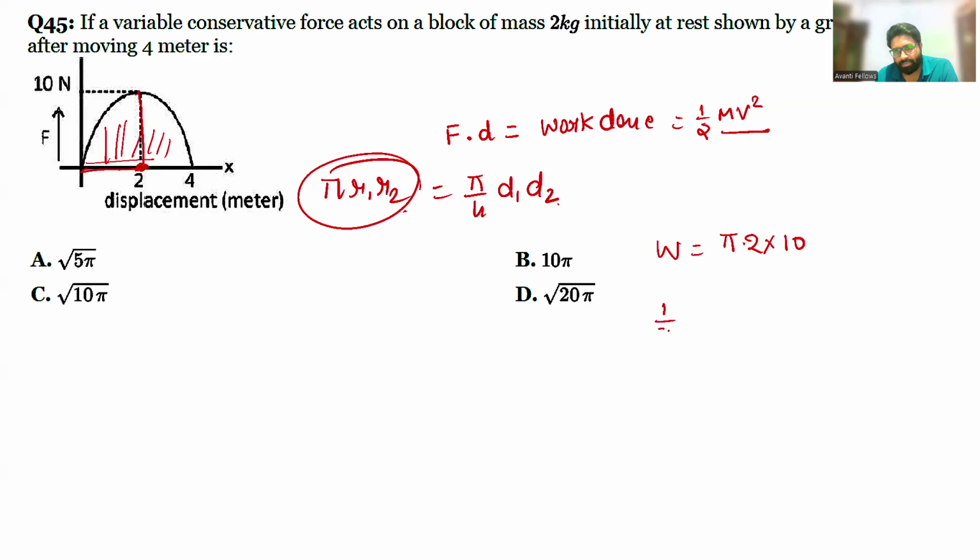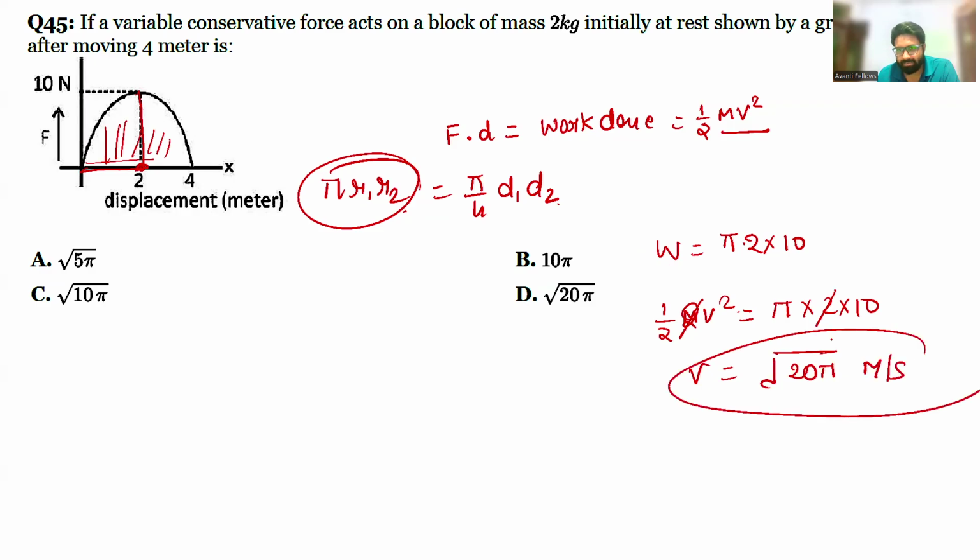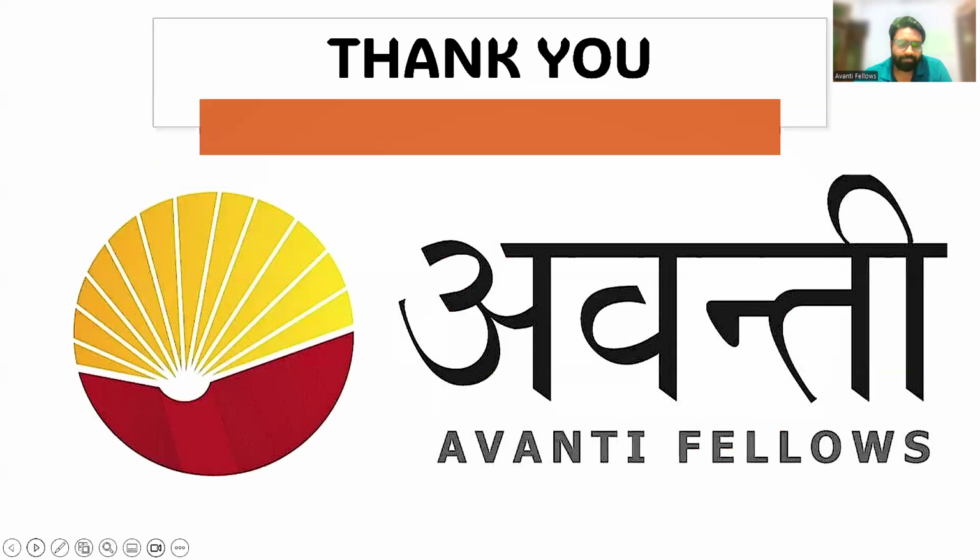Work done is 1 by 2 times m v square, pi into 2 into 10. What is the mass of the block? It is 2 kg, so 2 and 2 will cancel out. So v square will become 25, v is 5 meter per second. This is the velocity. This is how you are going to calculate.